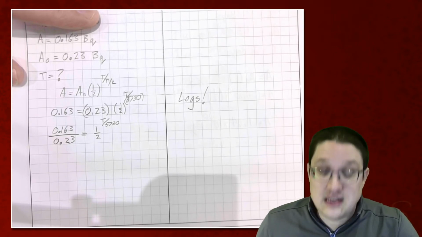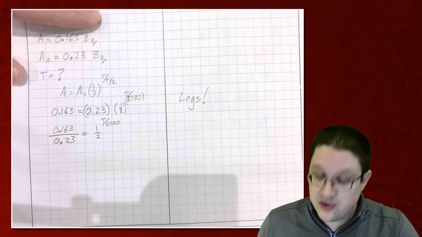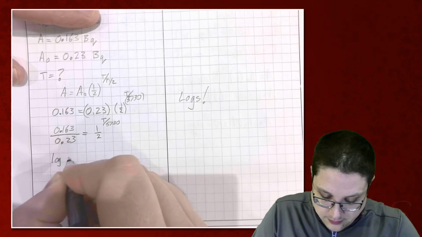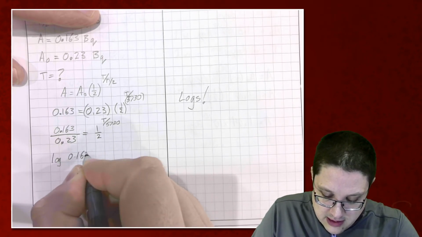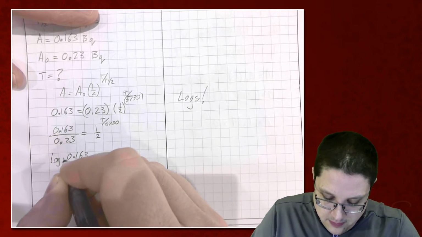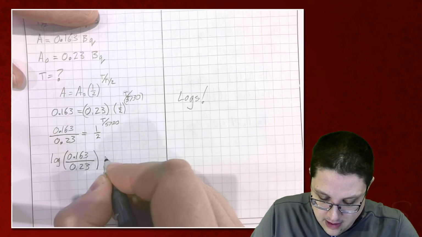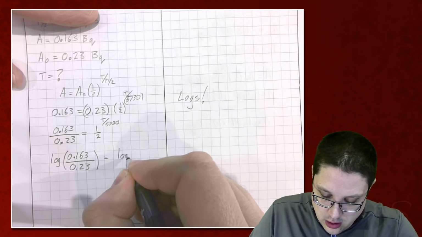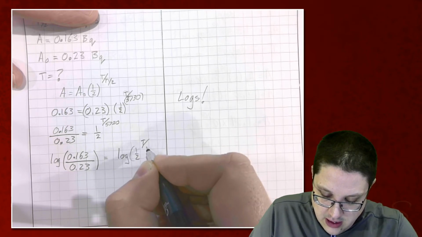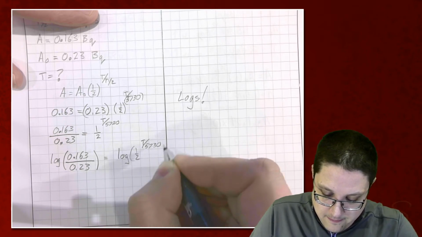My next thing is I can take the log of both sides here. So I can say log of 0.163 over 0.23 equals log of 1/2 to the power of T over 5730.